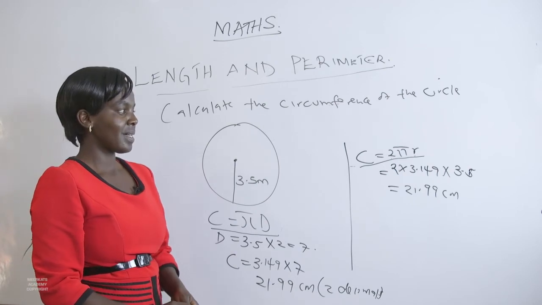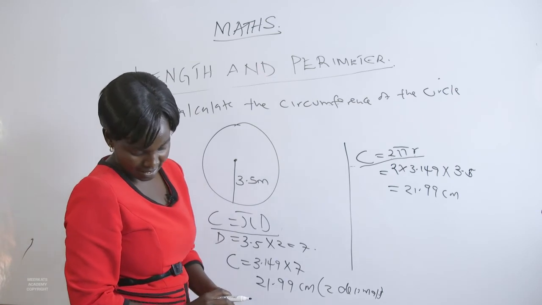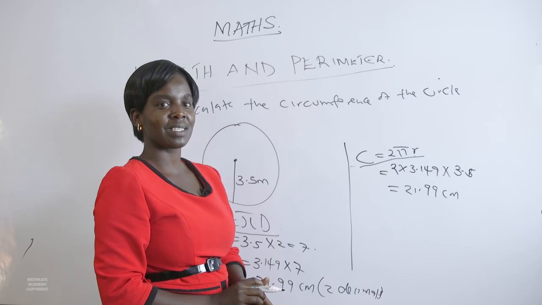Pi has several decimal places, and we know that reducing the number of decimal places causes an error.